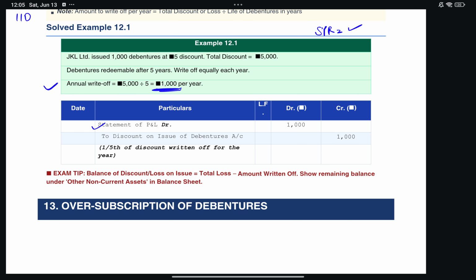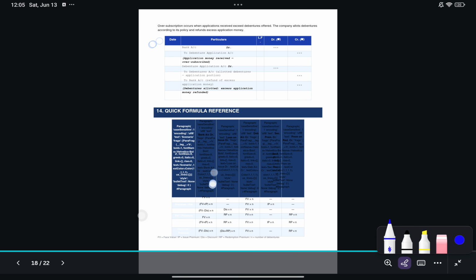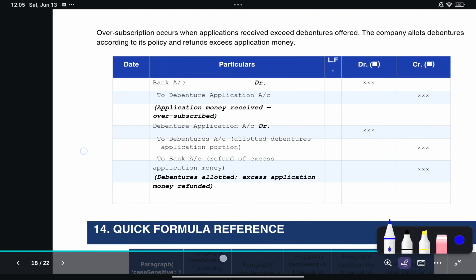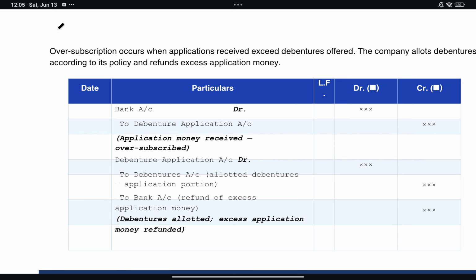Now I am going to the next topic, that is over subscription of debentures. In shares also we have done over subscription of shares. What is over subscription? It concerns how much the company has offered. Let's say the company has offered 4000 debentures, and applications from the public come for 5000 debentures.